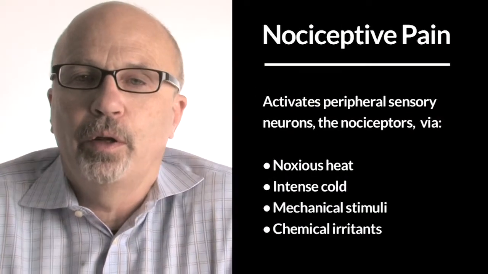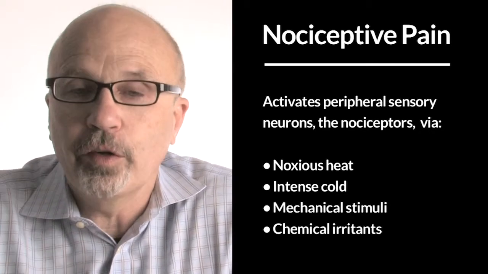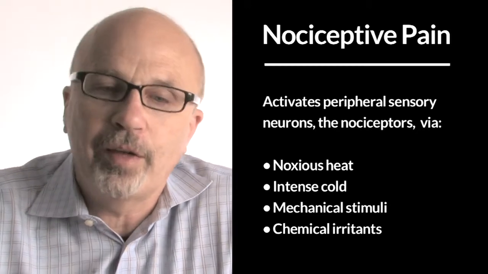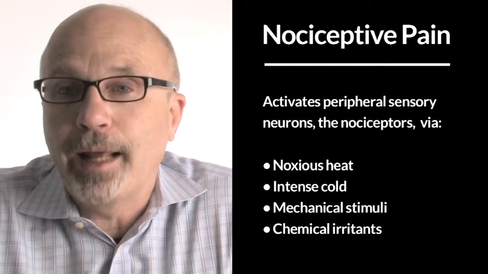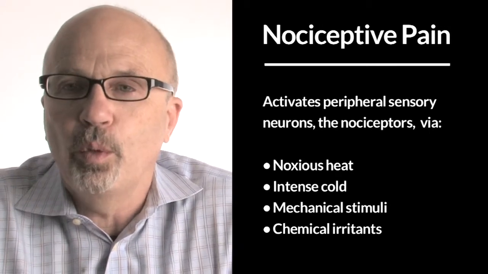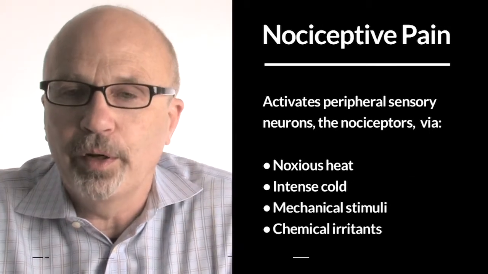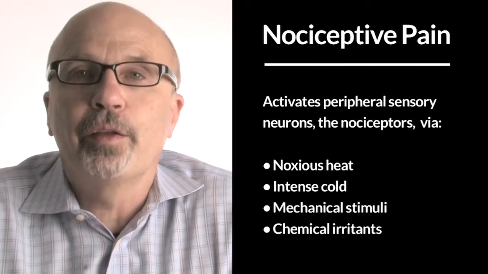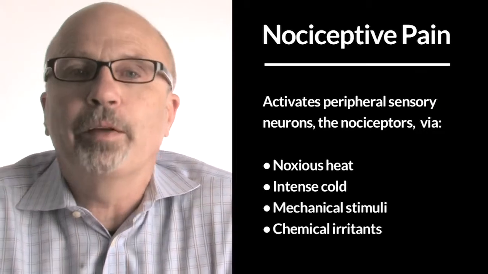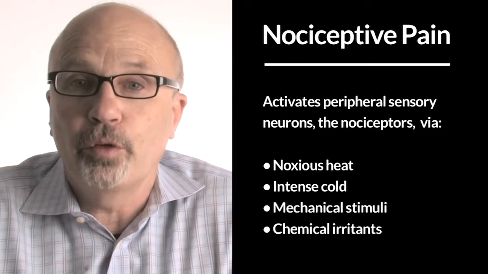But in the end, the major driver of nociceptive pain is activation of the peripheral sensory neurons, the nociceptors, and this occurs in response to noxious heat, intense cold, mechanical stimuli such as pinprick, as well as a variety of chemical irritants which produce typically a burning sensation. So this then is nociceptive pain, the pain that helps inform us about damage and helps us to avoid such damage.